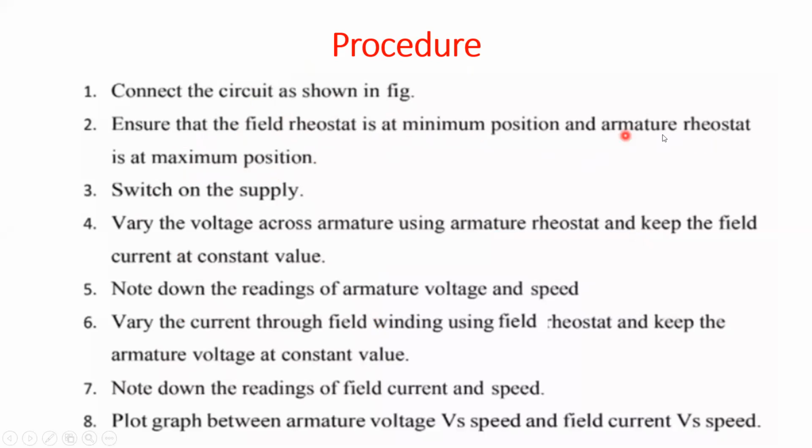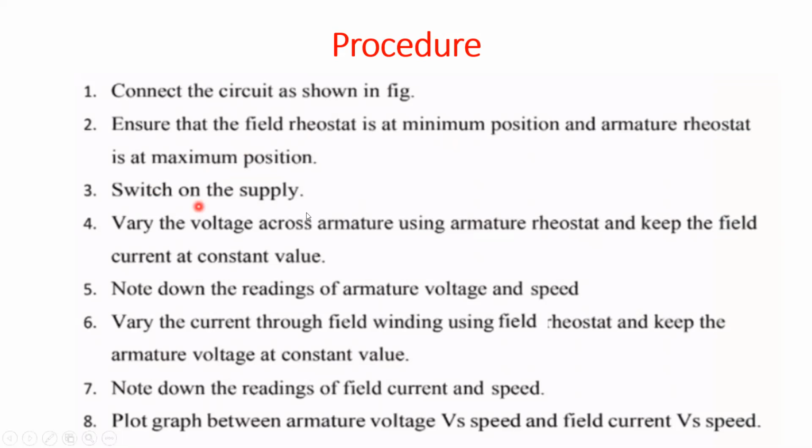Because with the armature rheostat at maximum, armature current is minimum, and with the field rheostat at minimum, field current is maximum, because speed is directly proportional to armature voltage and inversely proportional to field current.